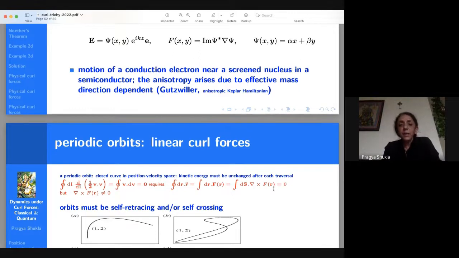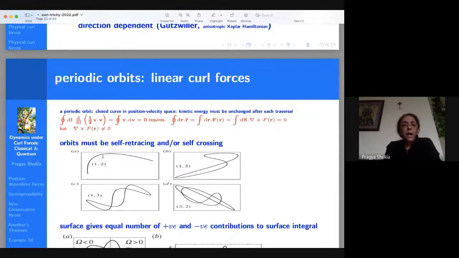Now you are saying that I have to satisfy this condition at the same time. So one way to answer your question is that probably there is no periodic orbit in standard curl forces, which are non-Hamiltonian.